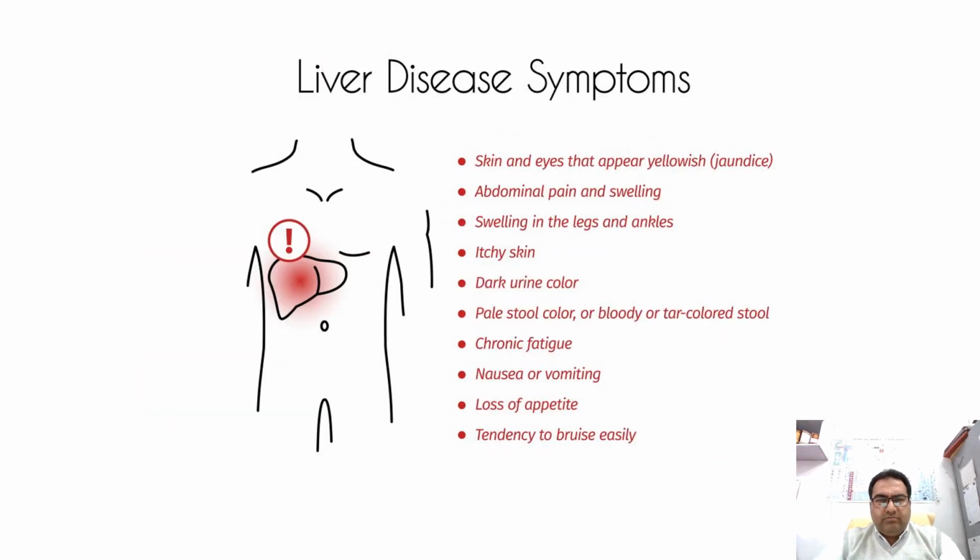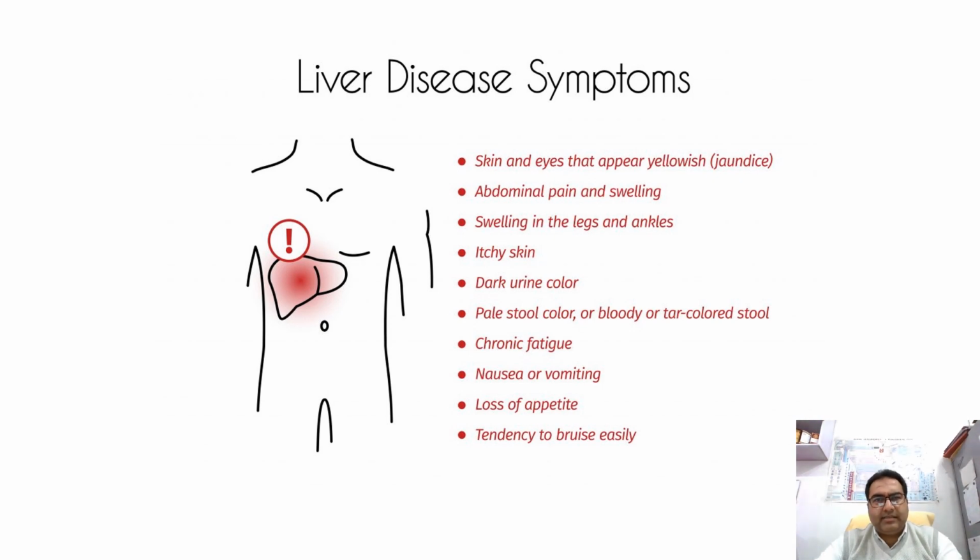So there are certain symptoms of liver disease that one can detect that I am suffering from liver disease. If these symptoms are prevalent in any person around you, you can tell him to consult the doctor or take precautionary steps before it gets too late.